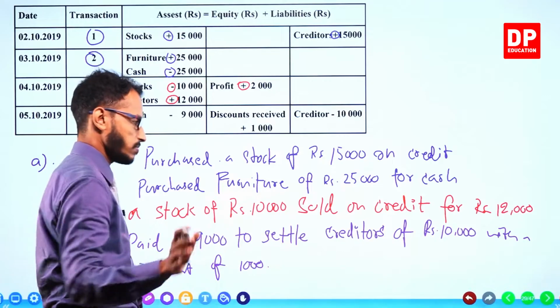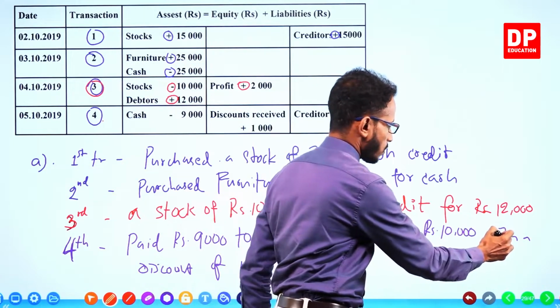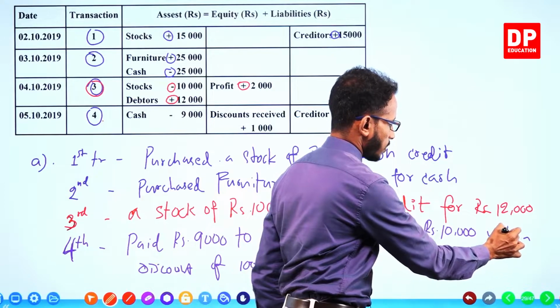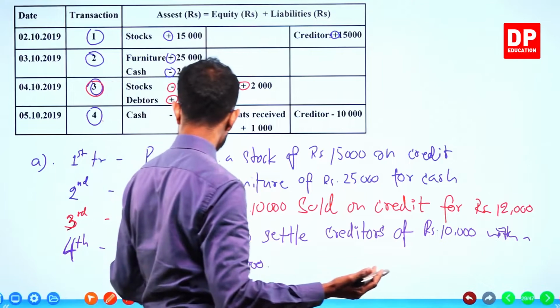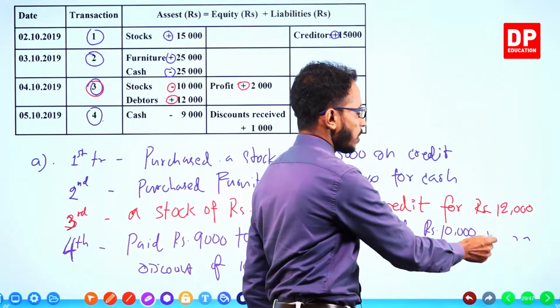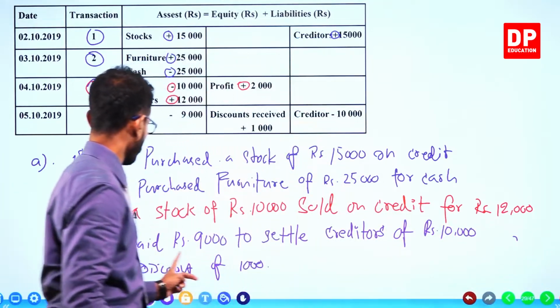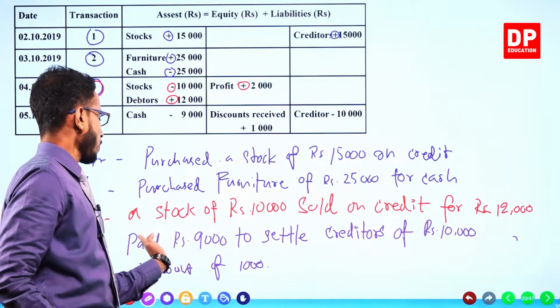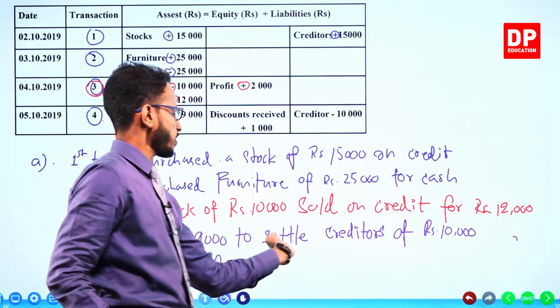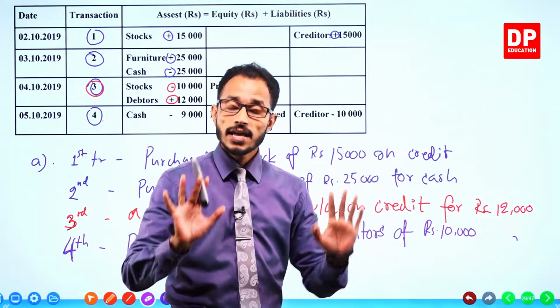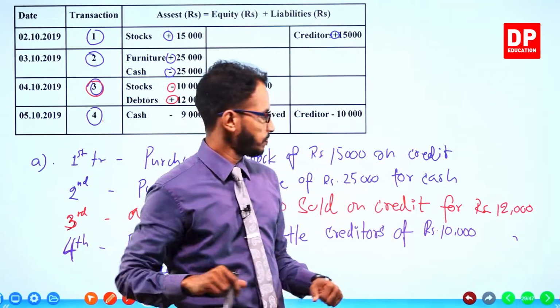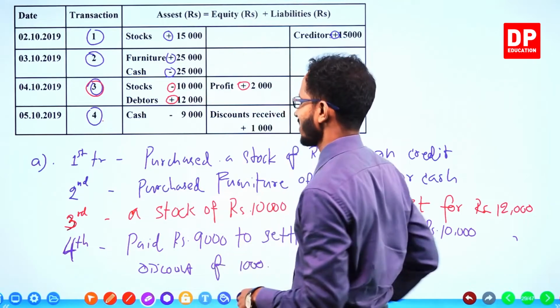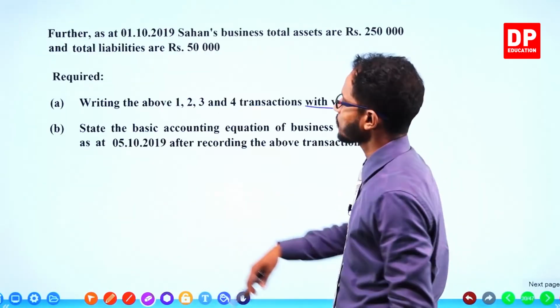Or if you don't want to write lengthy sentences, you can ignore it. If you write the sentence like this, that clearly says that there is a discount.